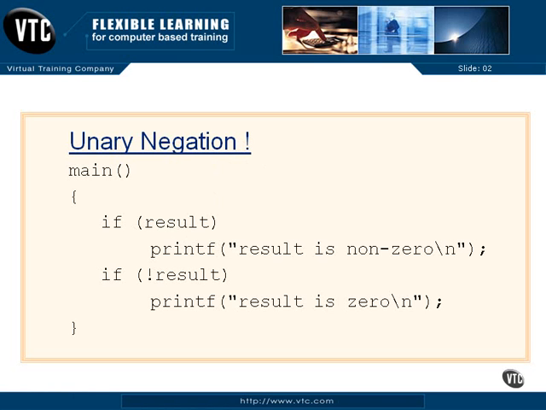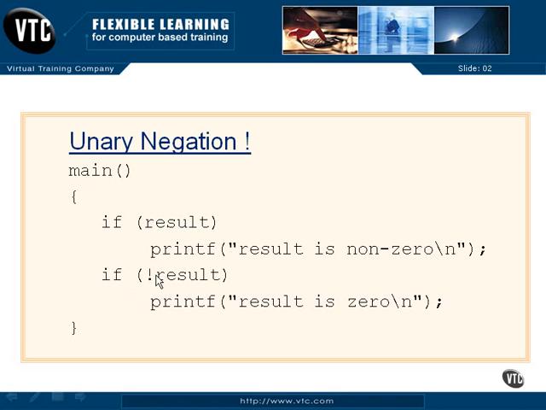If it is non-zero, we consider it to be true. If it is 0, a null value or 0 value, then it is not true and the if will fail, and we will not go in and execute the statement after the if. So we say if result, we would print out result is non-zero, if this is in fact the case.